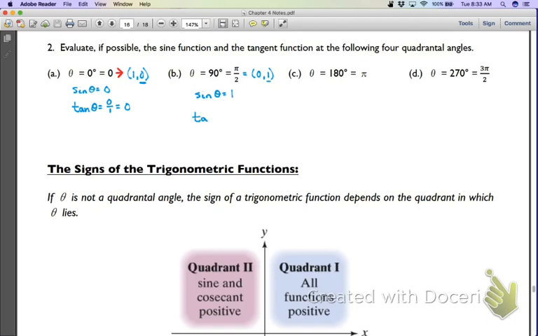What's the problem with tangent, though? Can I do tangent? Can I do 1 over 0? Nope. So we just go no solution or undefined. You're really just looking at your main coordinate, because it's going to be the same thing regardless.